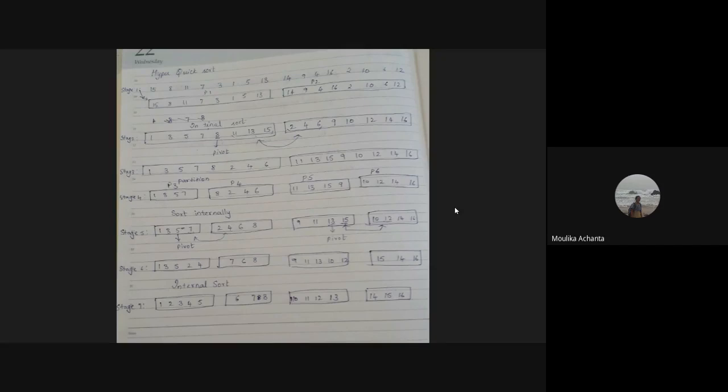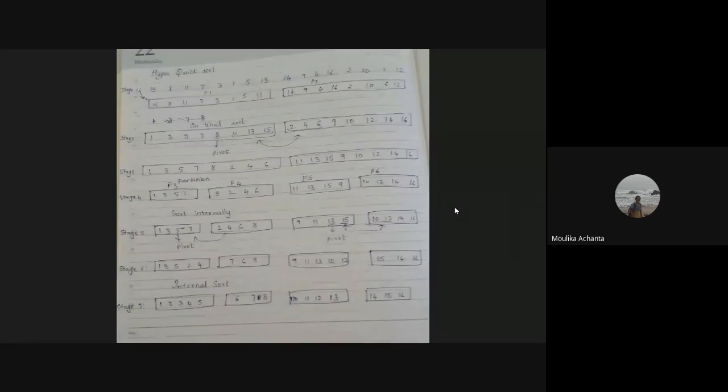Those elements in P2 which are less than 8 will be swapped with the elements in the P1 sublist which are greater than 8. Here 11, 13 and 15 were greater than 8, and in the second sublist P2, 4, 2, 6 were less than 8. So these three elements were swapped with 11, 13 and 15.